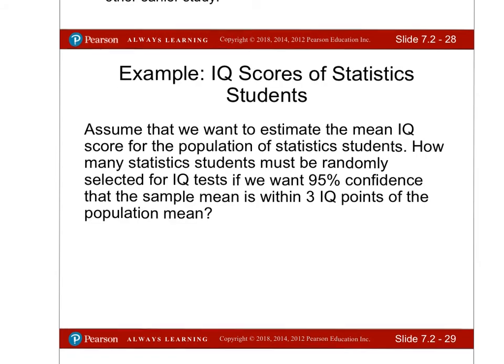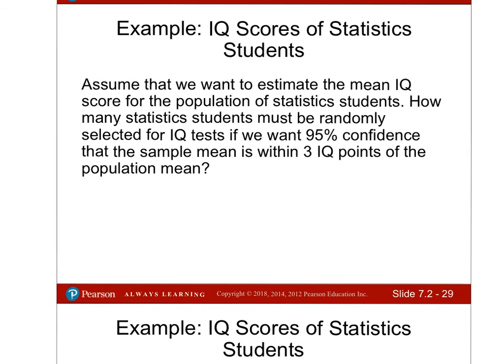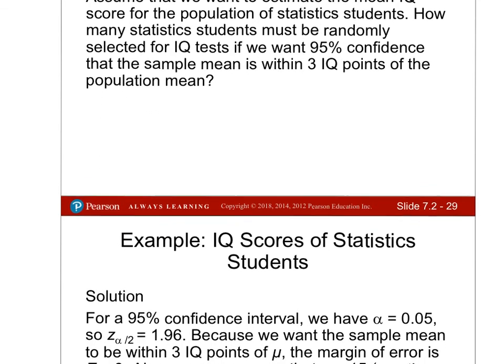All right, so let's look at an example. Assume we want to estimate the mean IQ score for a population of statistics students. How many students do we need to randomly select if we want a 95% confidence interval, and we want the sample mean to be within 3 IQ points?